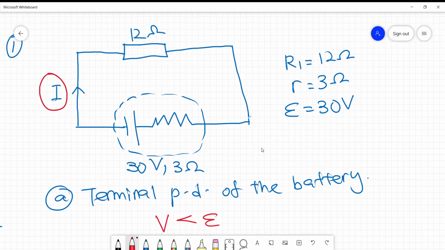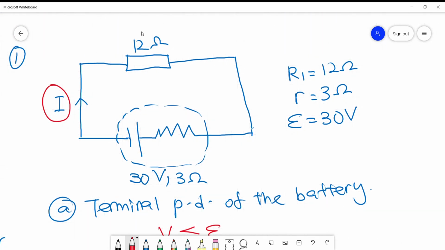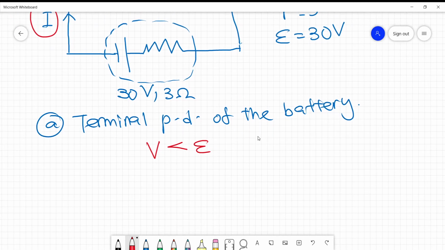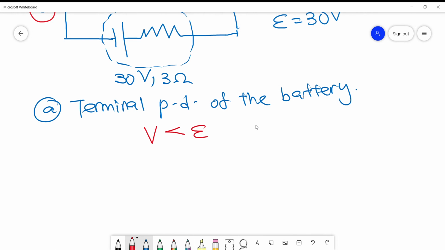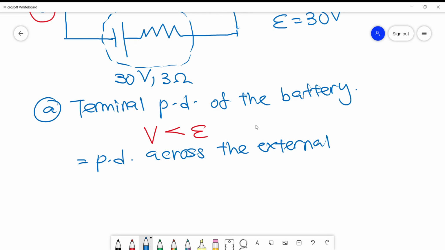Since we only have one resistor inside the circuit, the terminal potential difference of the battery is equal to the potential difference across the external resistor, which is V equals IR based on Ohm's law.